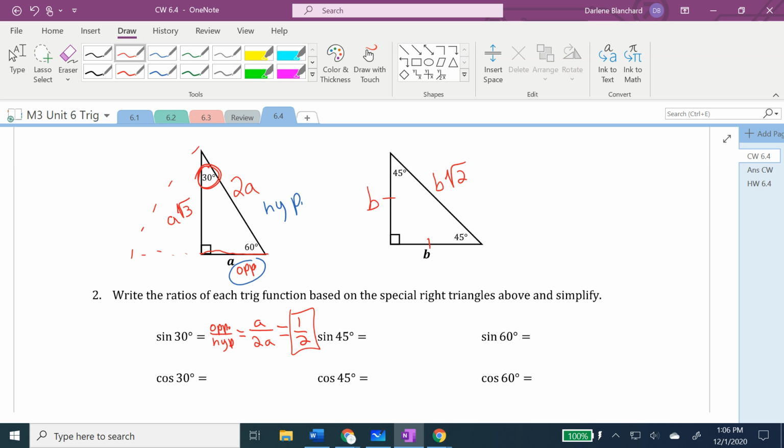All right, now, still on 30 degrees, what is the cosine of 30 degrees? We know that cosine is adjacent over hypotenuse. And when 30 degrees is being used, this is the adjacent leg.